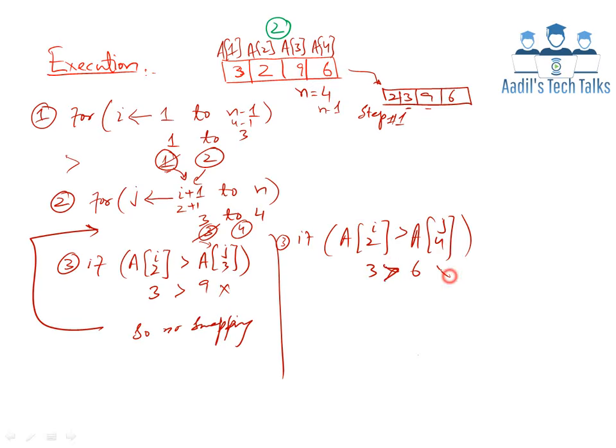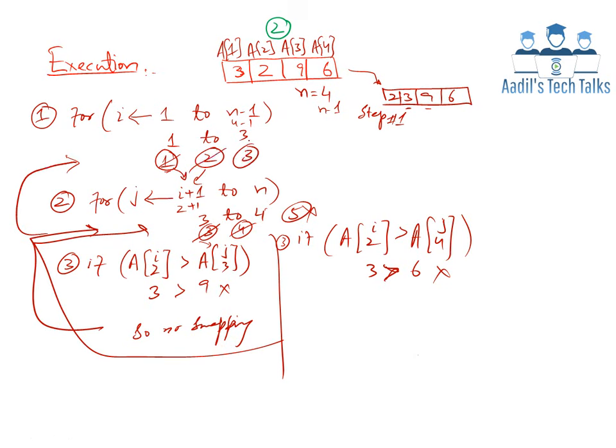No, 3 is not greater than 6, so there is no swapping. We will come back and the next value will be 5, which is not allowed, so the loop will be terminated and the control will be transferred back to step number 1, where the next value is 3. This means at the end of step number 2 we have now two sorted values, 2 and 3. 9 and 6 are still remaining.